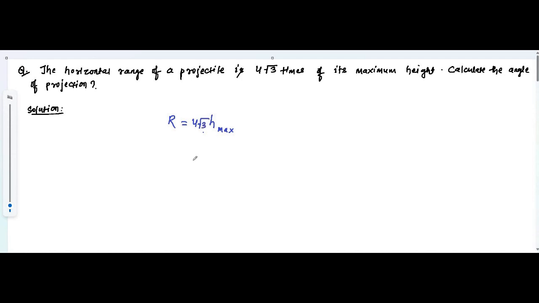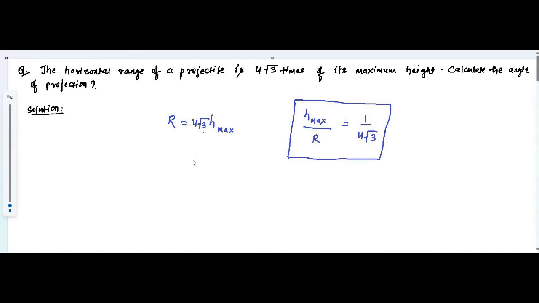This. Okay, so if we bring it in this form, H max by R is equal to 1 by 4 root 3. Okay, this is the relationship. Now why I brought this in this format?